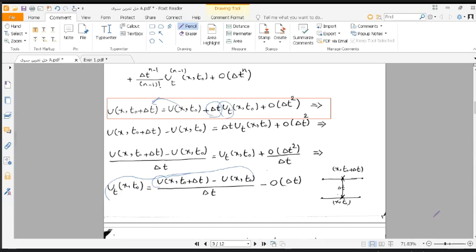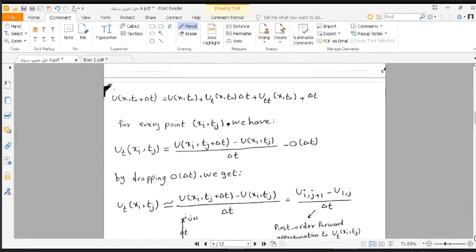Okay, we can compute u with respect to t at x and t0 by using u at the points x and t0 plus delta t, and x and t0. Yes.